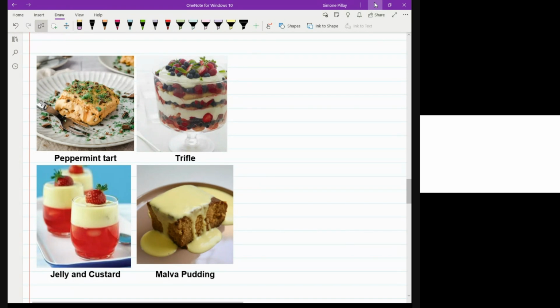Yeah, everybody makes trifle differently. When I was looking for a picture to include, I was looking for ages because I was trying to find which one looks the most like a South African trifle, but I couldn't find one because everybody does it differently. So yeah, trifle, I get it. A lot of people like trifle.